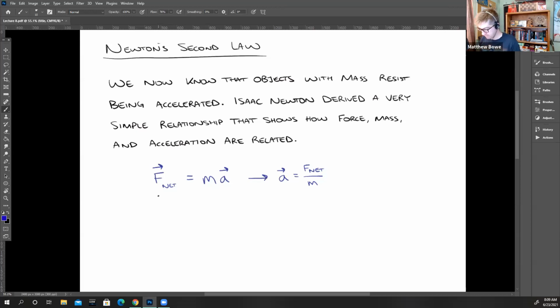So we have F equals ma. Just to clarify, in parentheses, what does F net mean? Well, F net, this total force, is equal to the summation of all of the forces.